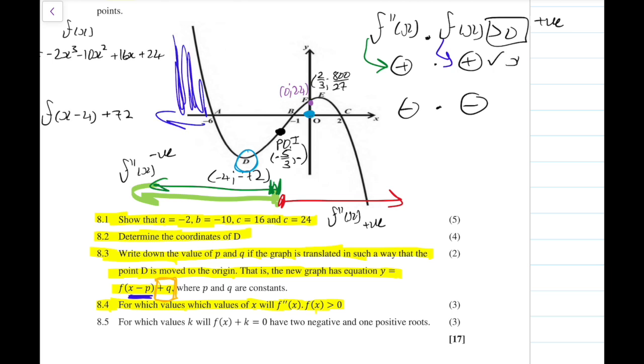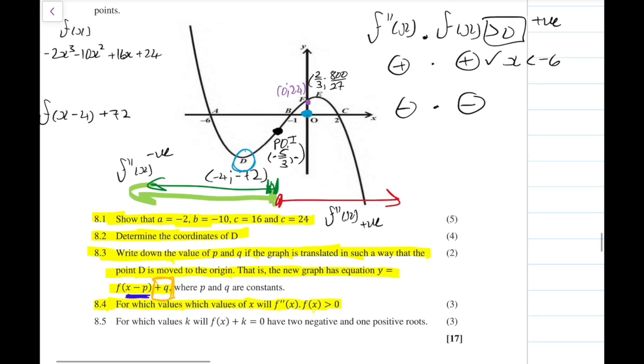That's one answer. Now we've got to do it for the next piece. My second derivative is negative for all values greater than minus 5 over 3. So in this region, going to positive infinity, where is my black graph negative?